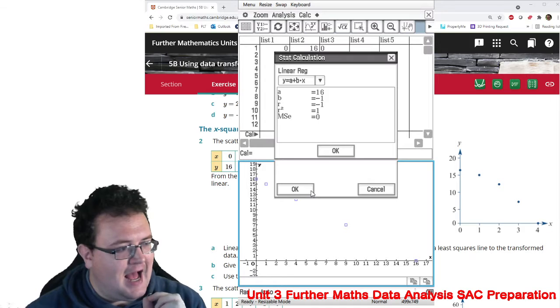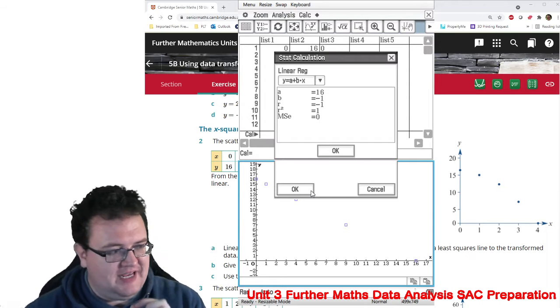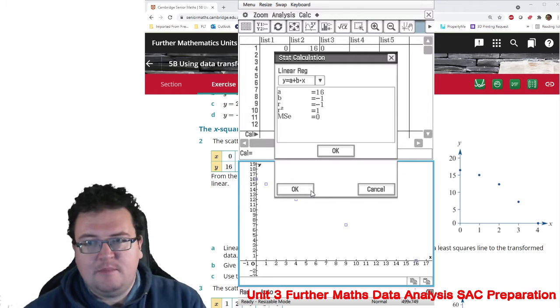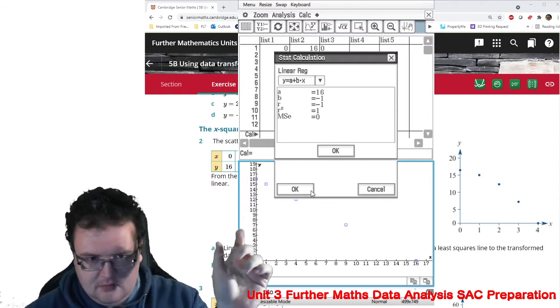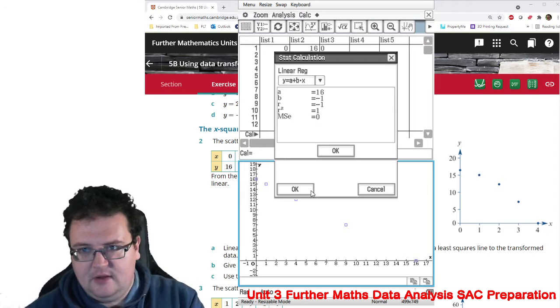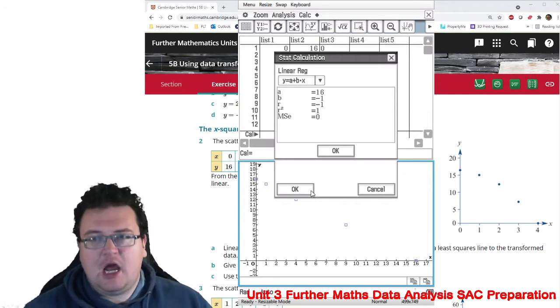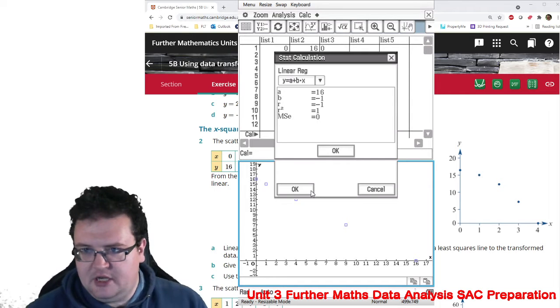Remember, r is your Pearson value, your correlation coefficient. Minus 1 means it's perfect. It's a perfect negative. And once you've applied the transformation, it becomes a linear relationship.